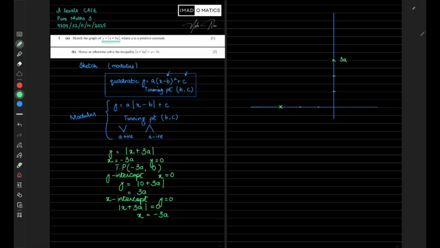So your curve will look like this, and the x-intercept is again the same, minus 3a, 0, which is actually on your x-axis.